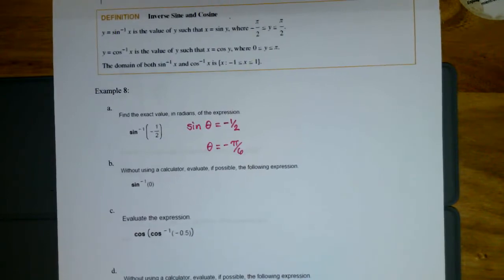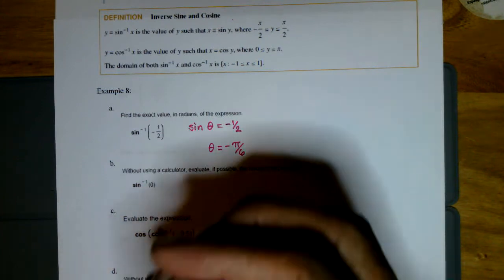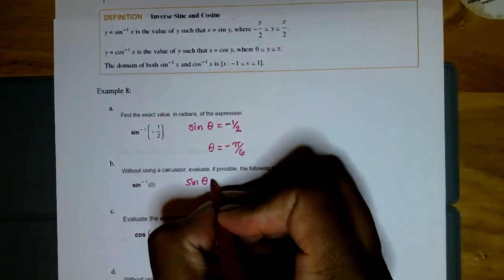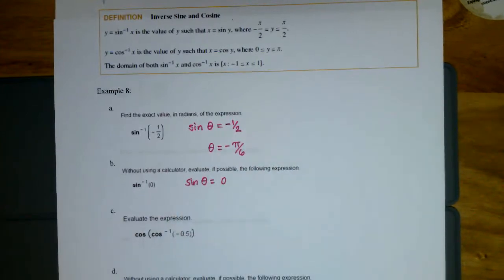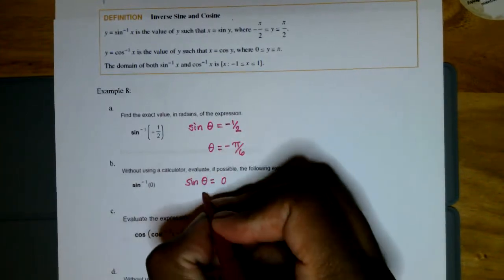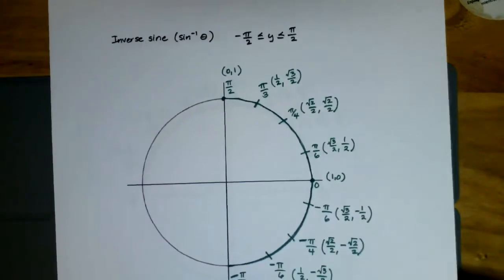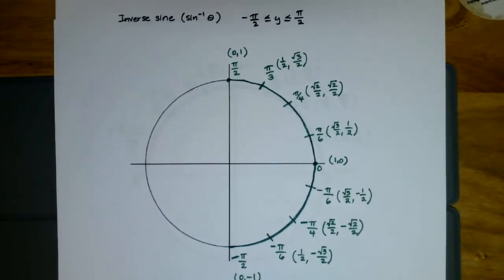Without using a calculator, evaluate, if possible, the following expression, the inverse sine of 0. And what that means here is this. We need to find what angle where the sine of theta would give us 0. So we're looking for the angle theta where sine of theta would be equal to 0 using this chart.